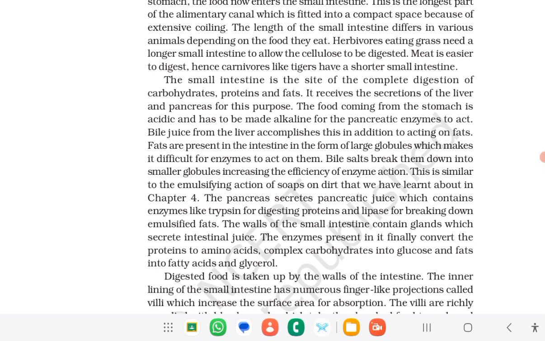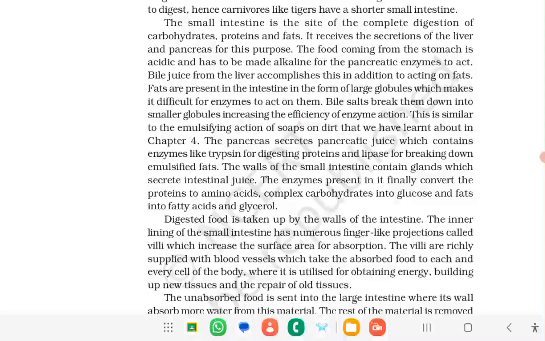This is similar to the emulsifying action of soaps on dirt that we have learned about in chapter 4. The pancreas secretes pancreatic juice, which contains enzymes like trypsin for digesting proteins and lipase for breaking down emulsified fats.